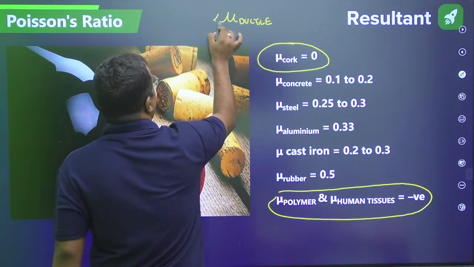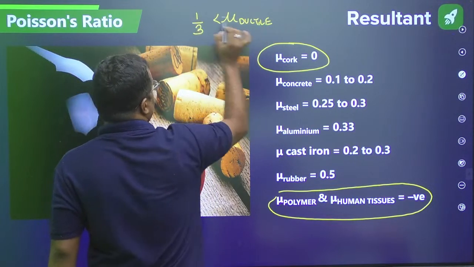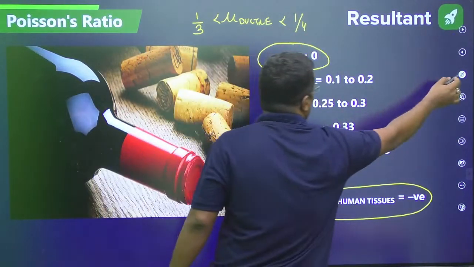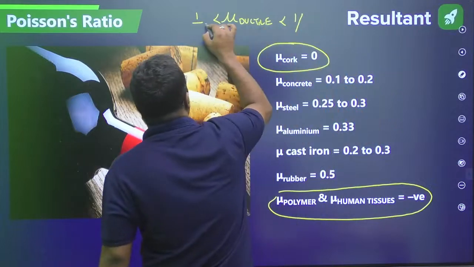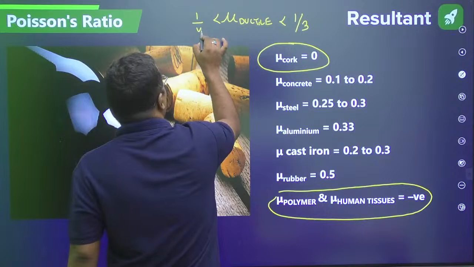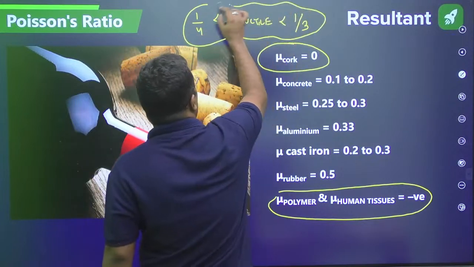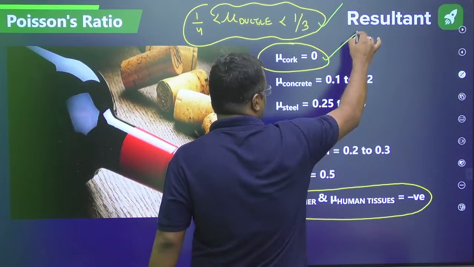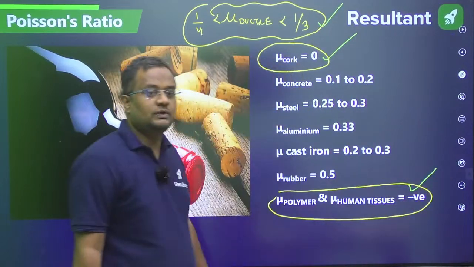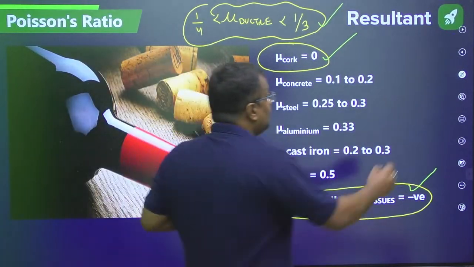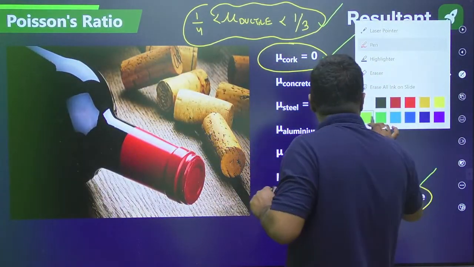Mu for ductile materials is from 1 by 4 to 1 by 3, that is 0.33. So these three values you have to remember. These three should be known. Now, one more thing. If ever in a competition exam, guys, in mechanical, this has happened.